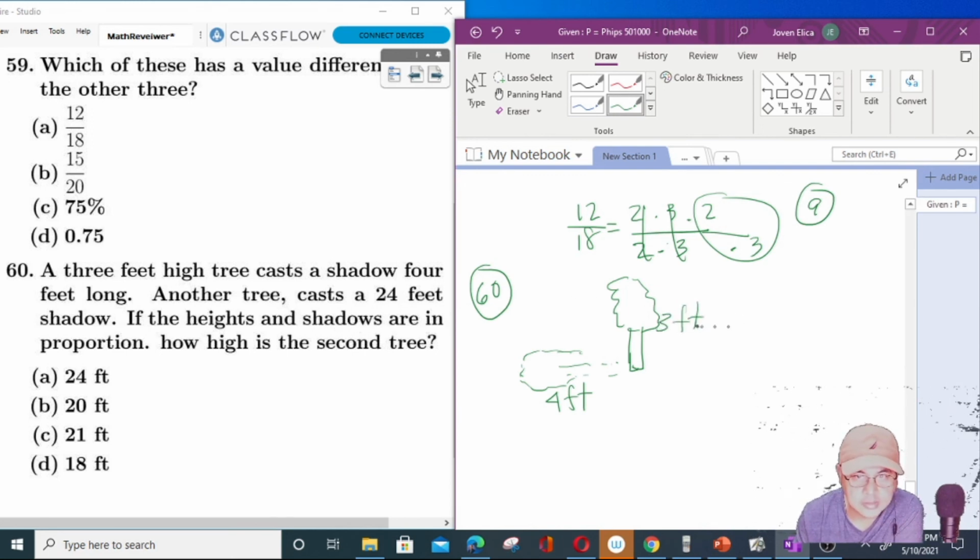Another tree casts a shadow of 24 feet, so that means this is a little bigger.